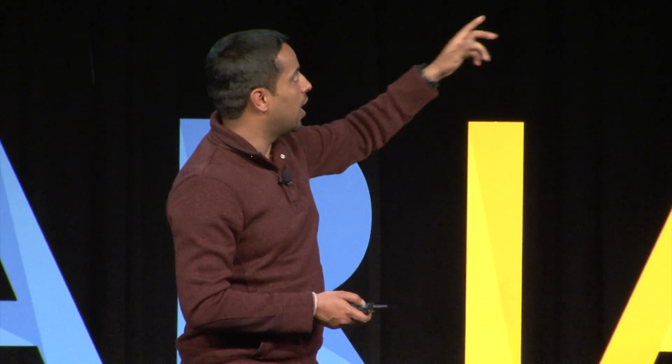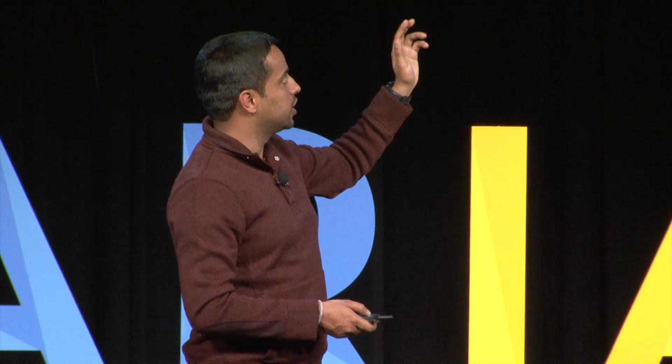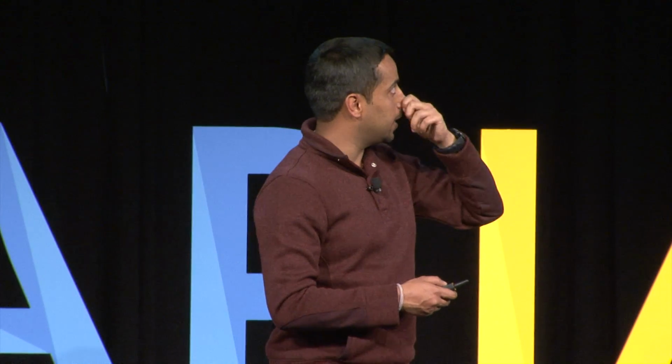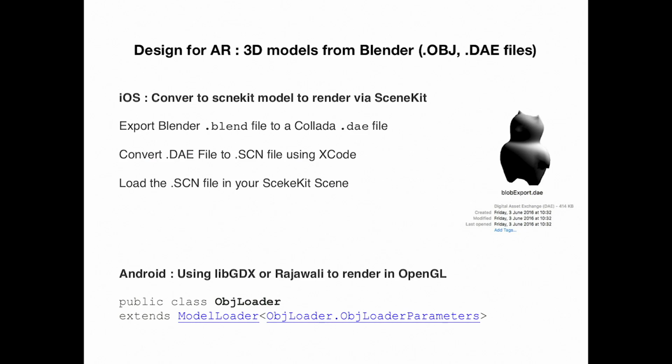Android is a little tricky. iOS has a nice workflow, so it gives you a blend file, and then you can export that as a .dae file, for which there are many libraries. There's also a few lines of code which lets you convert that into a SCN, which is a SceneKit file, and then you can render the SceneKit file in your iOS application. So it's a few steps involved.